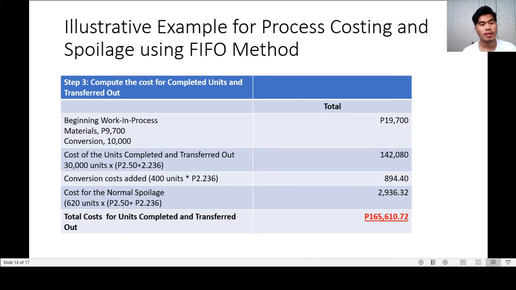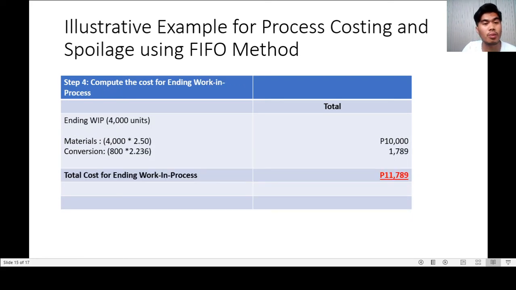So that is yung normal spoilage natin 620 units, i-times mo doon sa total ng equivalent unit cost ng material at conversion cost, that is 2,936 pesos and 30 centavos. So yung cost ng units completed and transferred out is nasa 165,610.72 centavos.